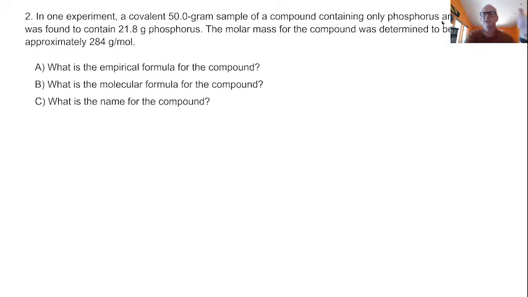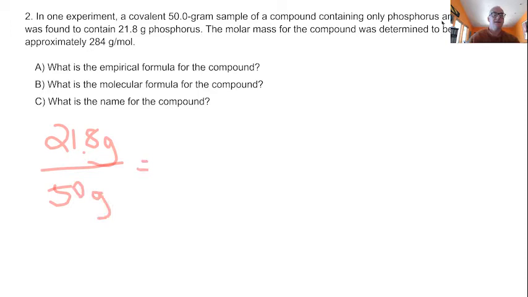Does that move us any closer to figuring out what? I guess we could do that. So 21.8 divided by 50. So that tells us we have 43.6% phosphorus. So the rest must be what?